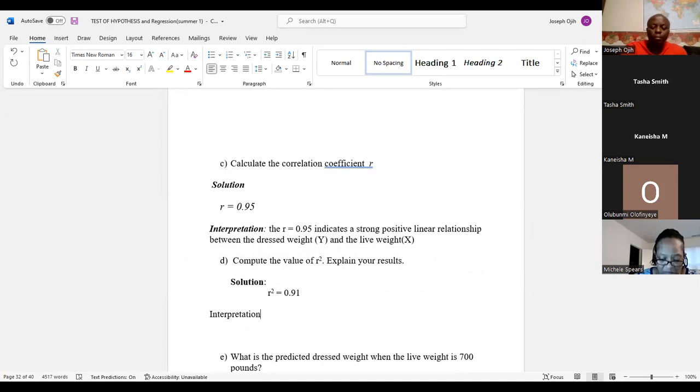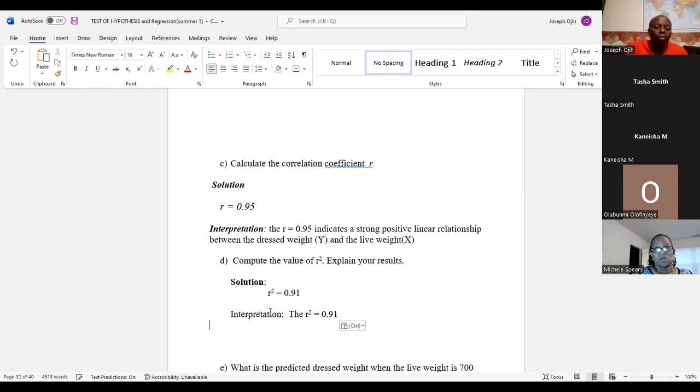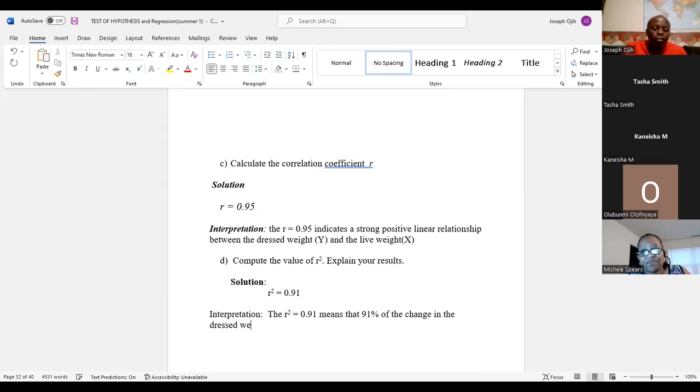An r squared of 0.91 means that 91% of the change in the dress weight is caused by the change in the live weight.